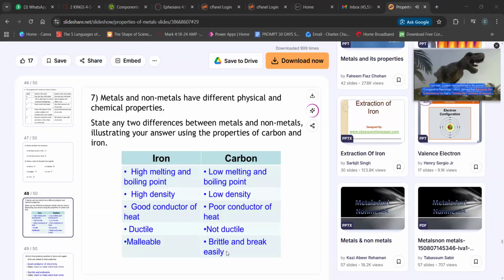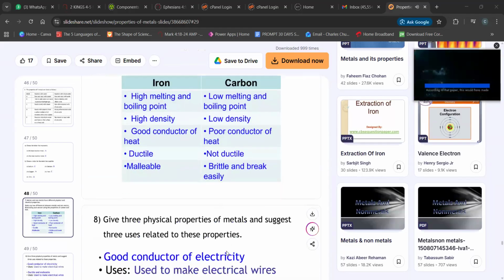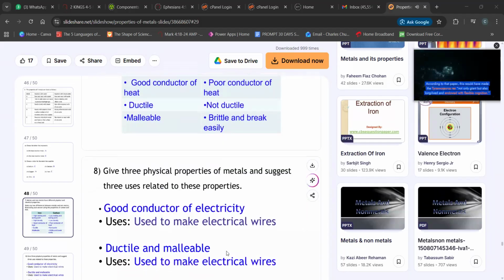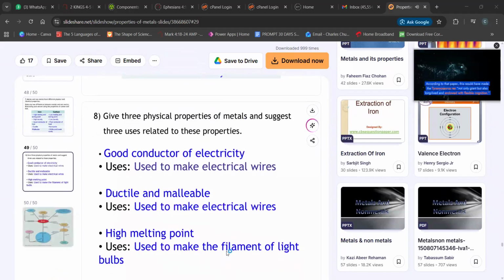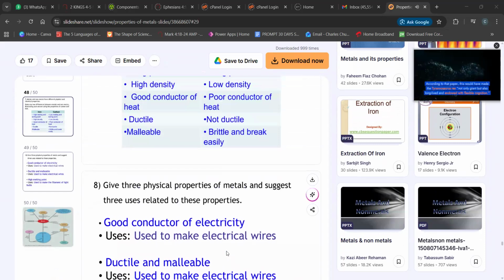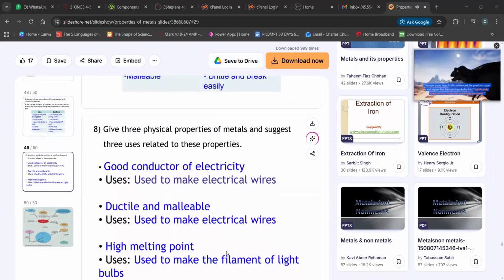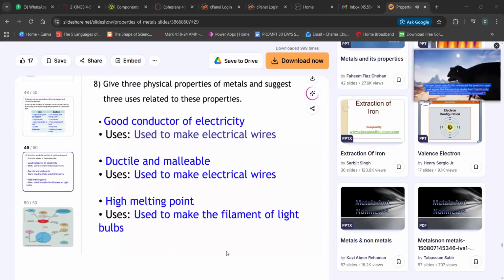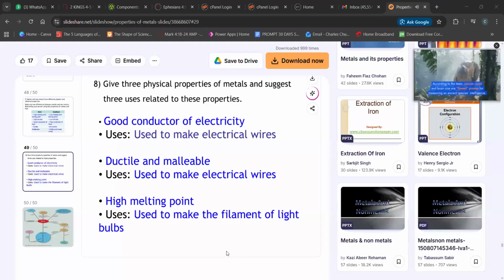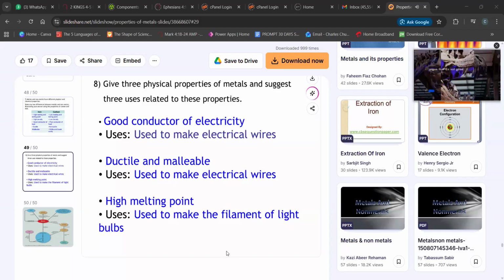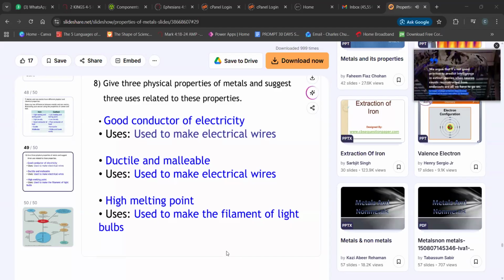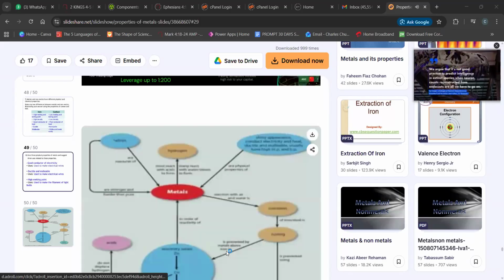That part is made of carbon, so you can see it easily breaks because it can't bend easily. So these are basically a review: good conductor of electricity used to make electrical wires, ductile, malleable, and high melting point.